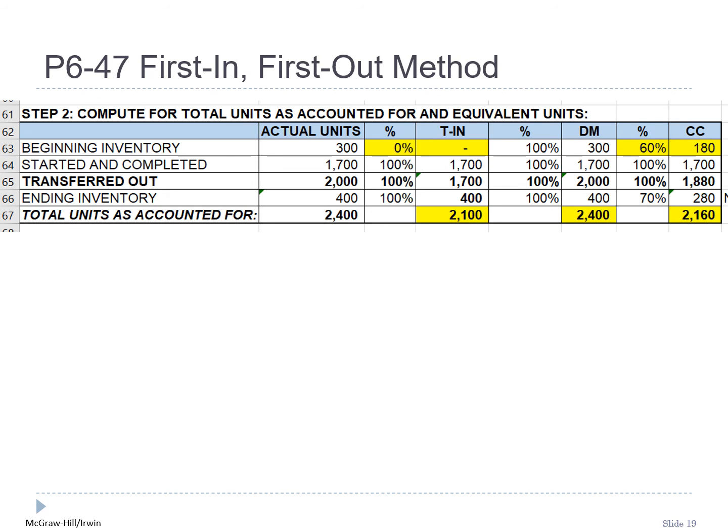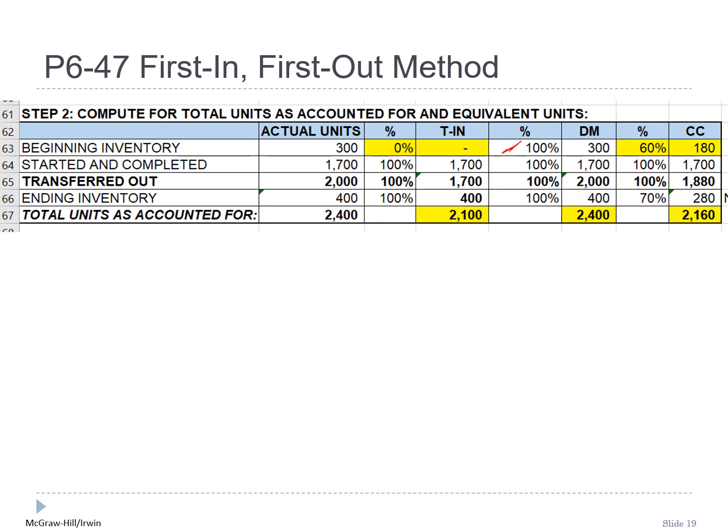Eh, kailan siya nag 50%? This month. Ba't siya nag 50% this month? Eh, kasi 40 siya, dinagdagan natin ng 60. Kasi nga, para maging 100. So, ibig sabihin, ngayon lang natin na-satisfy yung criteria na pag nag 50%, tsaka siya lalagyan ng direct materials. Kaya ngayon lang, magkakaroon ng 100% percentage of completion yung direct materials.